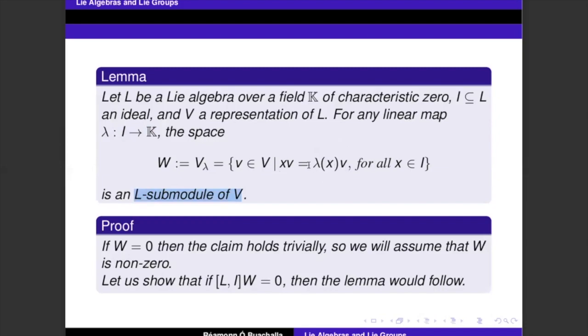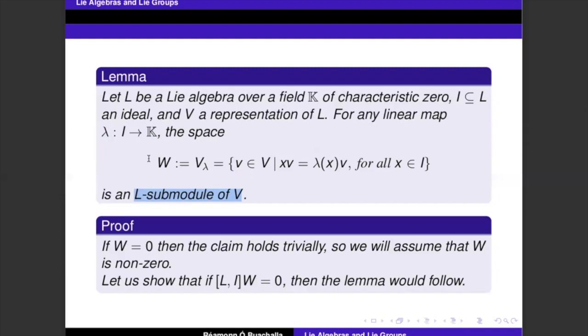Indeed, the condition here doesn't really make sense for a general X because lambda is a map from the ideal into K. So the lemma is not telling us anything about the action of L on W. It's just saying that it's closed under the action, that it's a submodule. But this is a very powerful result, as we will see.